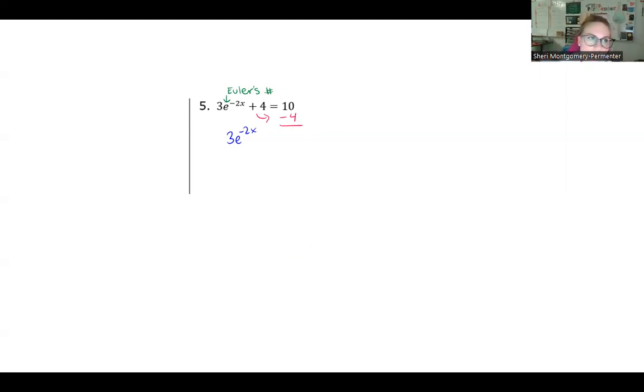So we will subtract 4. We've got 10 minus 4, so we get 6. My next step, I'm multiplying by 3, so I need to divide by 3. So what we are doing is solving to get the exponent by itself.